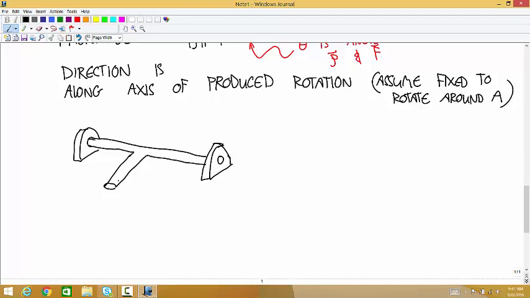Okay. Can you see in the back what this thing's doing? That's the only way that it can rotate.